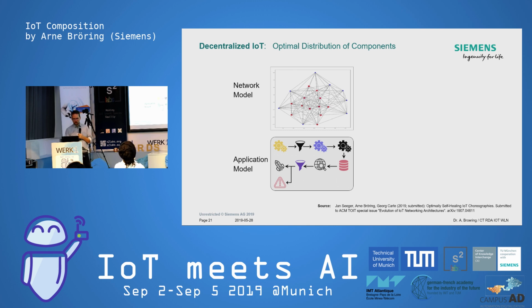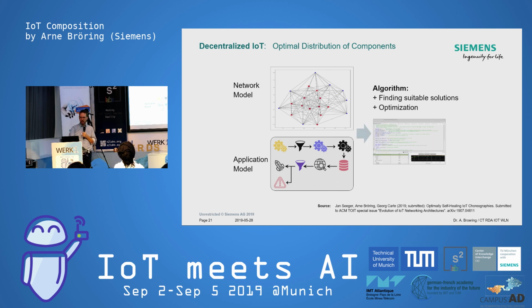So we developed a solution for this that takes a network model and an application model as an input, and developed an algorithm based on integer linear programming that finds this optimal solution.